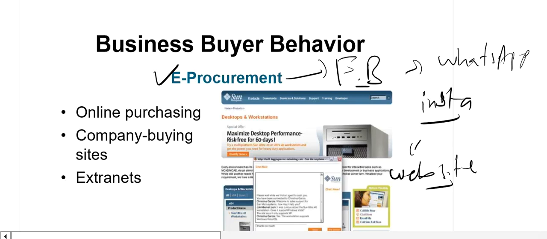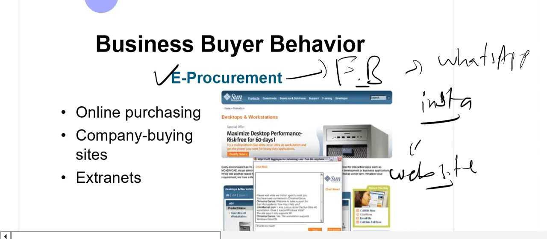Now we will not just focus on business purchase, we will focus on consumer purchase also, because e-procurement is not confined to only business purchase. There are lots of consumers who are also making purchases on the internet.